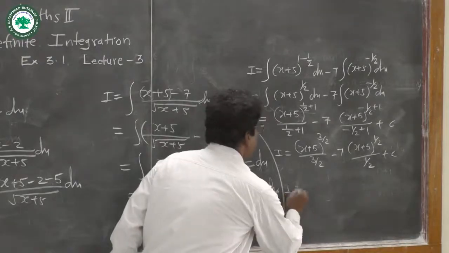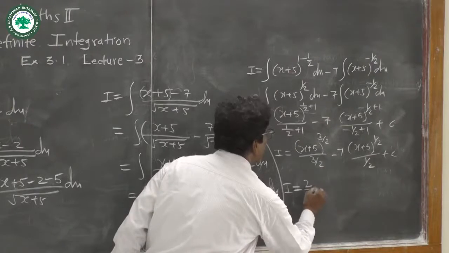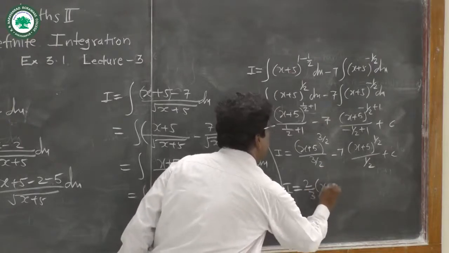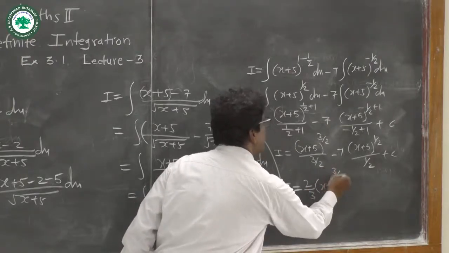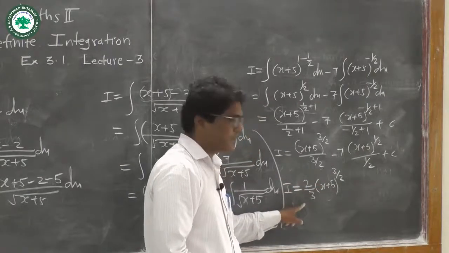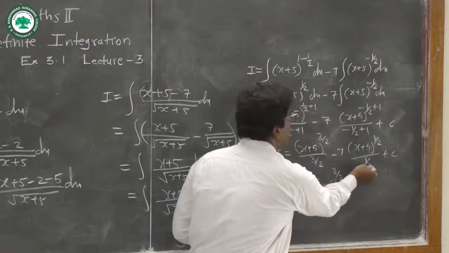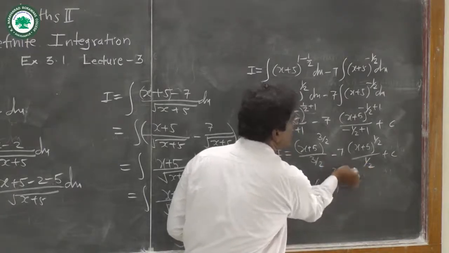And so I is equal to this 3/2, we write 2 upon 3 into x plus 5 to the power 3/2. We write this 3/2 as 2/3. And now here minus 7 into, we write this 1/2 as 2 upon 1.